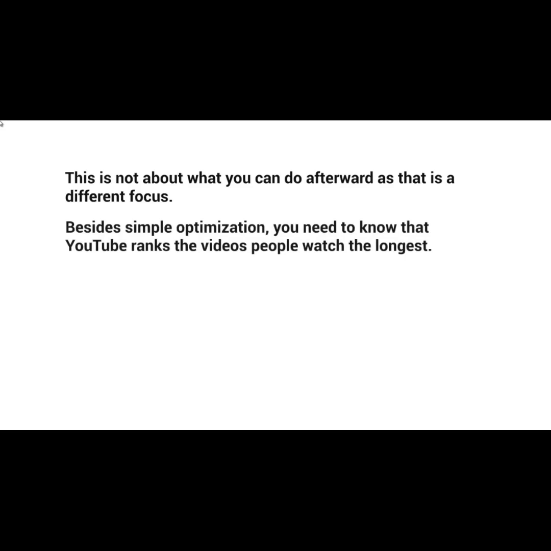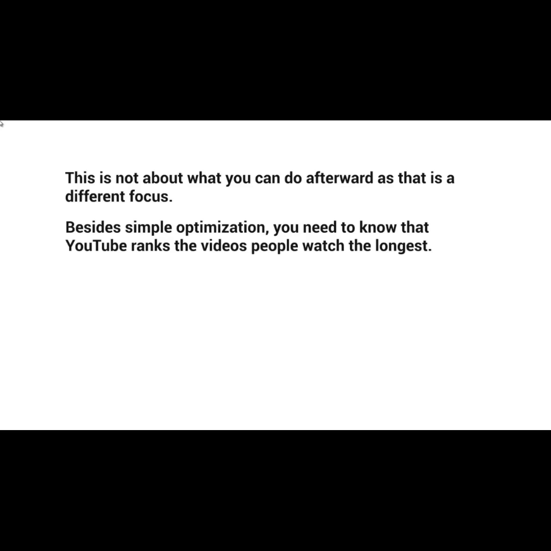So besides simple optimization, you really need to know that YouTube ranks the videos that people watch the longest. Meaning, let's say for example that we have a 10-minute video. YouTube looks at that video. They look, yes, at the likes, dislikes, and comments, but they also look at, okay, do people actually watch most of this video?